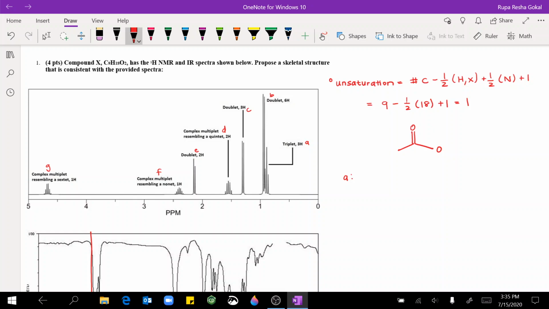Actually, before I do that, one thing I want to do is count up my hydrogens. 3 plus 6 is 9, 10, 11, 12, 13, 14, 15, 16, 17, 18. So that matches the number in the molecular formula. That should make me feel good because it needs to match. Or sometimes it could be exactly half, and that would be a molecule that has some symmetry, where you really only have to figure out one part of it and then reflect it on the other side.